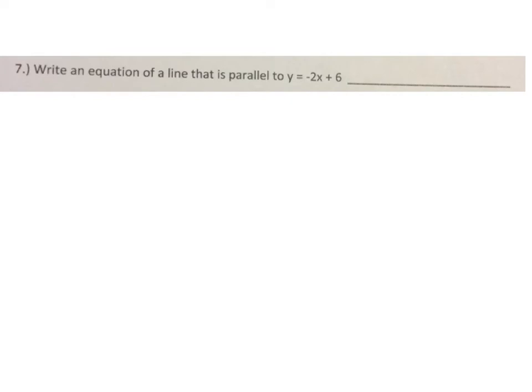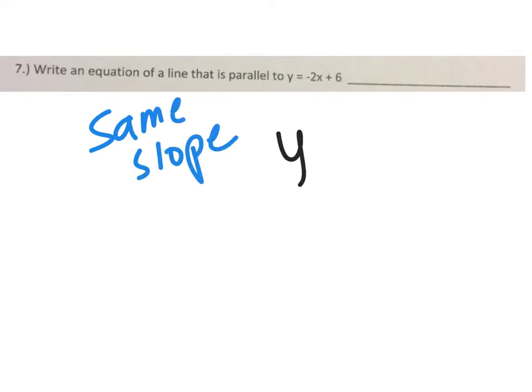Number 7, write an equation of a line that is parallel to y equals negative 2x plus 6. And the only thing you need to know here is parallel lines have the same slope. So y equals negative 2x, I have the same slope.